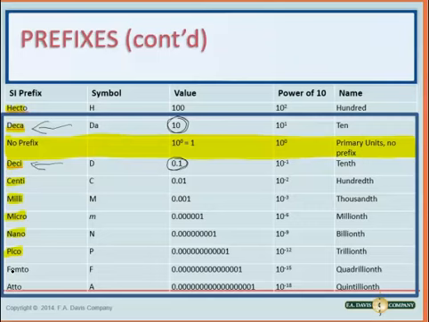Sometimes you'll see this represented as D-E-K-A versus the C. Also recognize that if it's talking about deca, you'll usually have a DA, and if they're talking about deci, you'll just have a D. Okay, so make sure that you know the difference between those two, because those can be confusing.